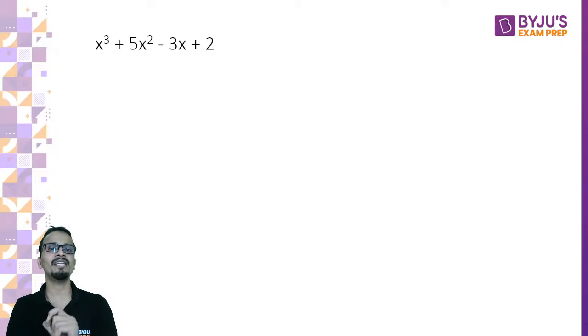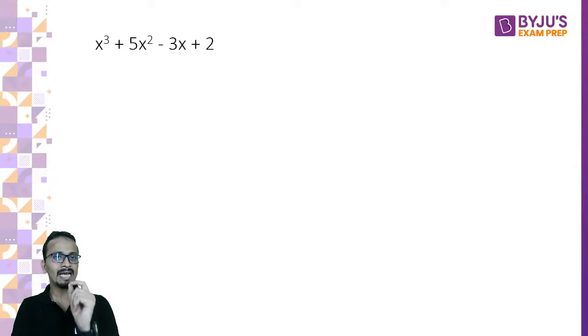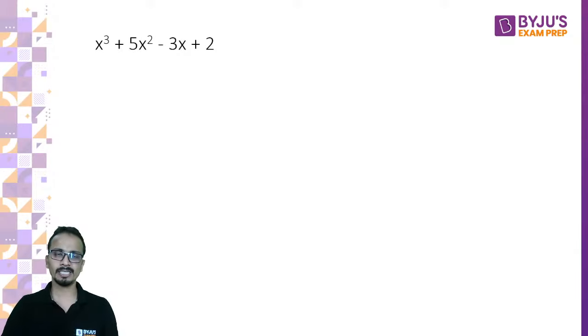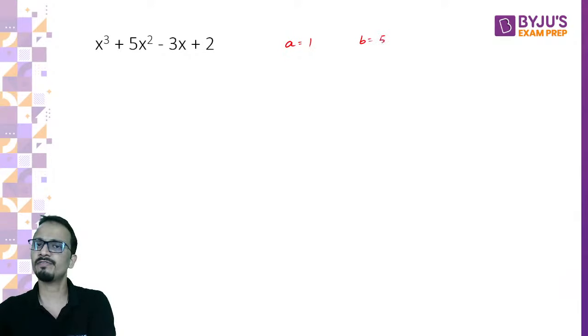Please write the values of a, b, c and d. Now in this case, the value of a will be 1, the value of b will be 5, the value of c will be minus 3, and the value of d will be 2.